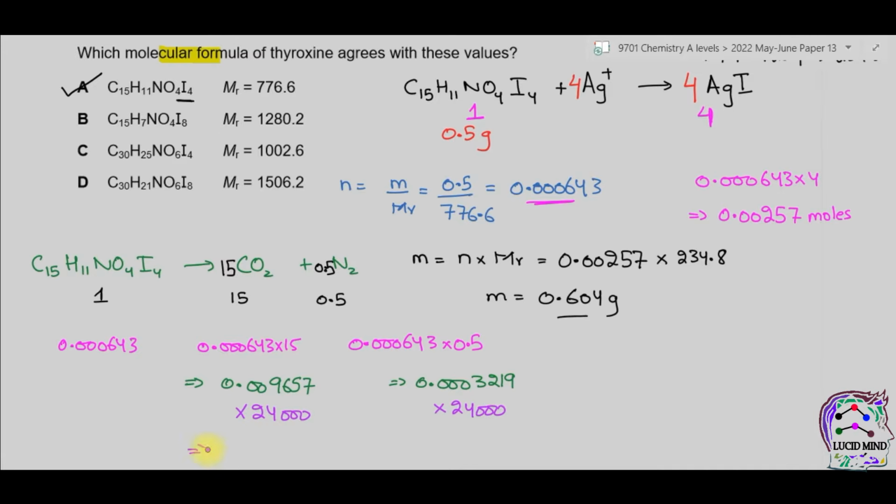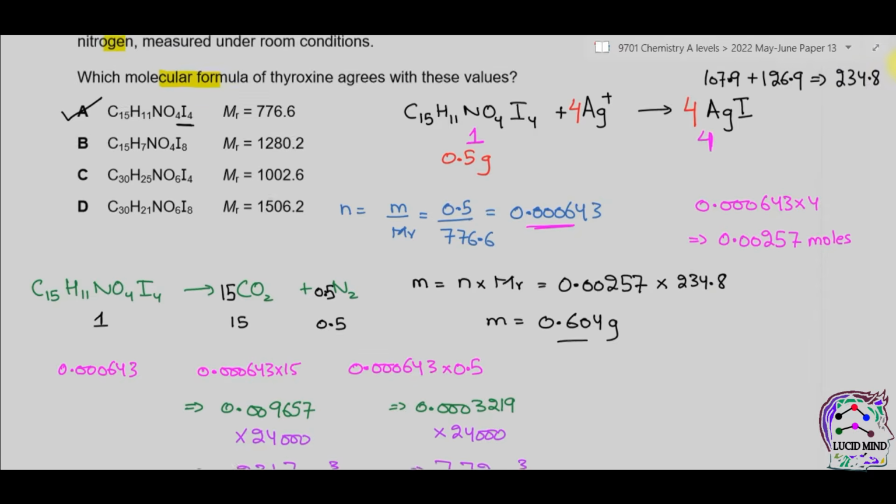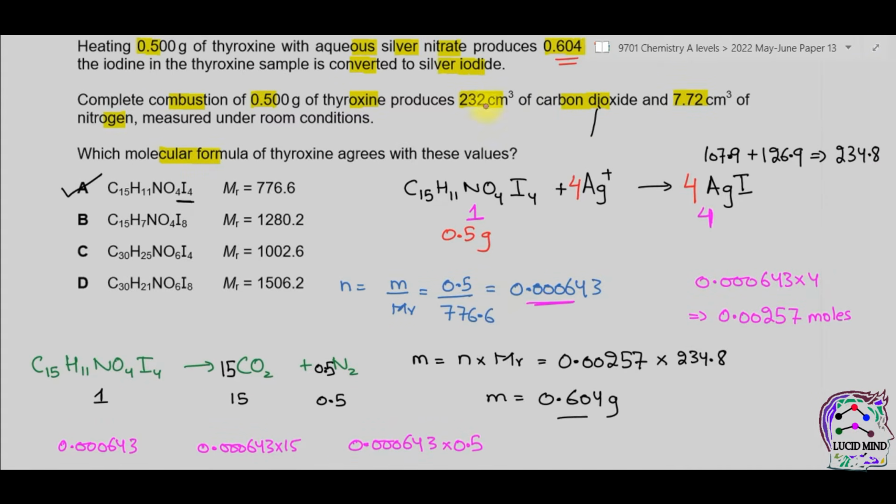Now the volume of CO2 is 231.7 centimeter cube, while that of nitrogen is 7.72 centimeter cube. So it is almost equal to the given value. Therefore the second reaction is also correct for option A. So A should be the answer.